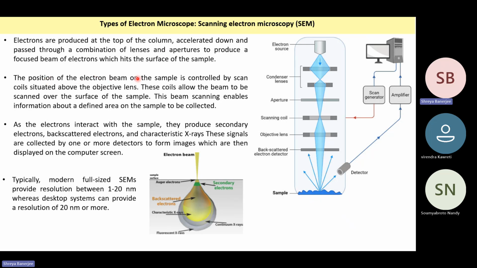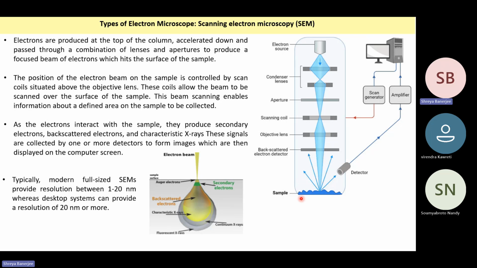The position of this electron beam on the sample is controlled by scan coils situated above the objective lens. So there is something called a scanning coil here that is fixing the position where the beam is hitting the sample. So by changing the scanning coils, we can allow the beam to hit at different regions of the sample.